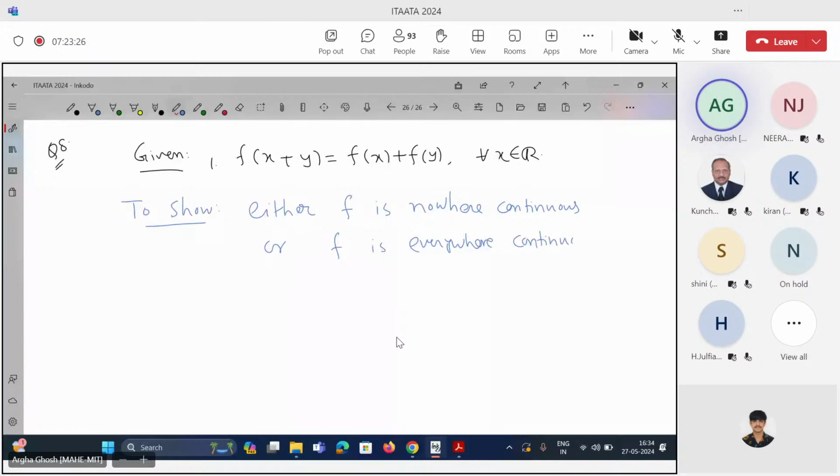So there are only two possibilities. If it is nowhere continuous, we have nothing to show. Just assume that it is continuous at a point. At least one point is there where it is continuous, and from there derive that f is continuous everywhere.